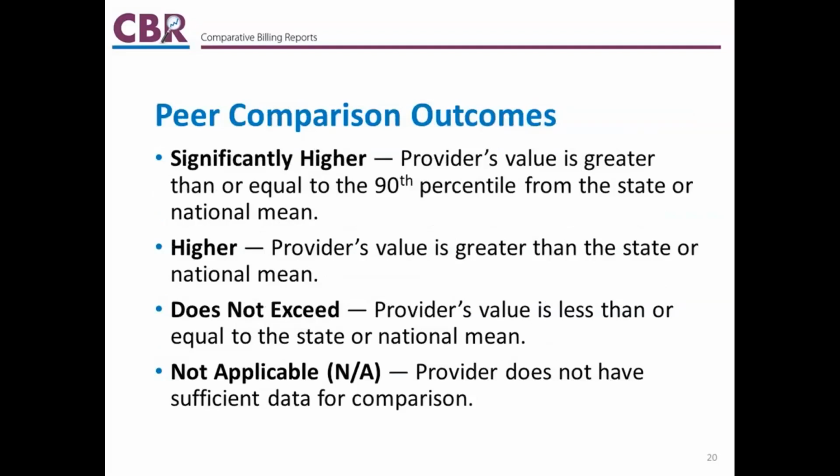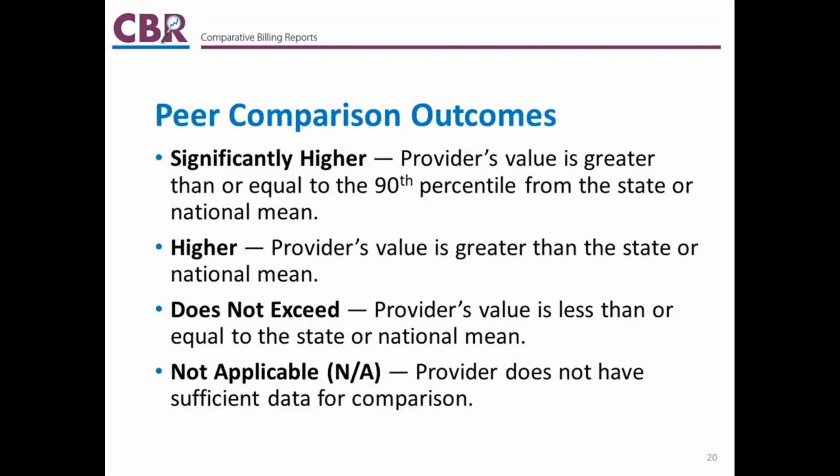The four outcomes that can come of each metric analysis are significantly higher, which means the provider's value is greater than or equal to the 90th percentile from the state or national mean. Higher, which means the provider's value is greater than the state or national mean. Does not exceed, which means the provider's value is less than or equal to the state or national mean.